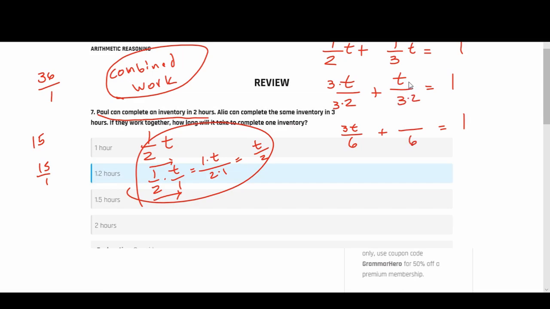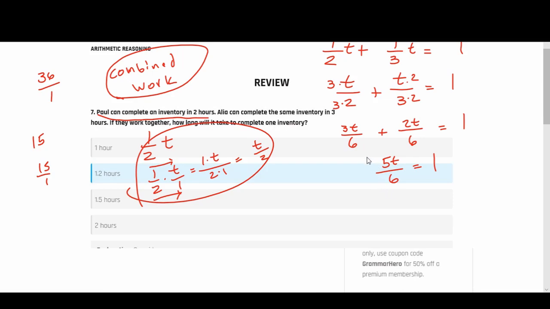What I do in the denominator, I also have to do in the numerator. 2 times t is 2t. Now I can add these together: 5t over 6 equals 1. Again, when you add fractions, you keep the denominator the same, and you just add the numerators together. Again, this would be 3t plus 2t. If you need help with fractions, I have a whole video on fractions on my YouTube channel. Go ahead and check it out.